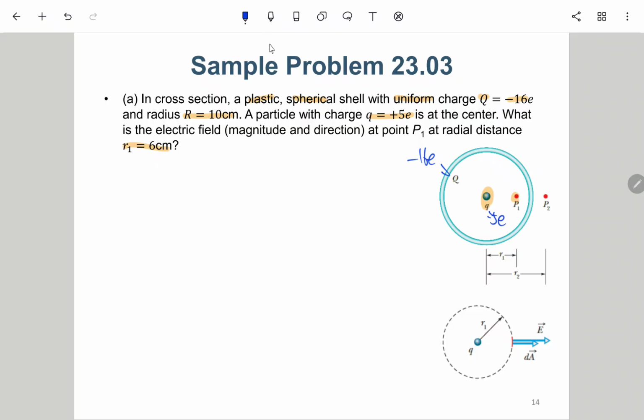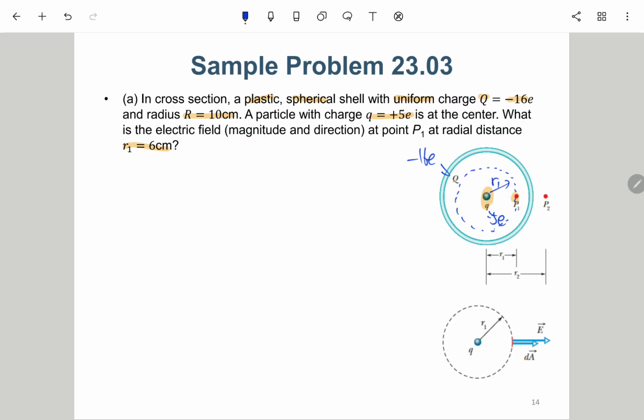Here we assume the Gaussian surface is a sphere with the radius R1. For this one, we only draw the Gaussian surface and also the Q. According to Gauss law, we don't really care about the things outside.